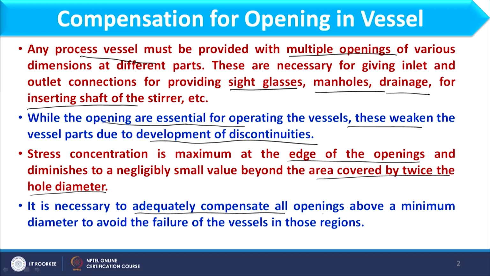Therefore, whatever openings I am considering, we need to compensate, and it will require adequate compensation above a minimum diameter to avoid failure of the vessel in those areas. So, it means that openings we have created should be compensated or rectified.